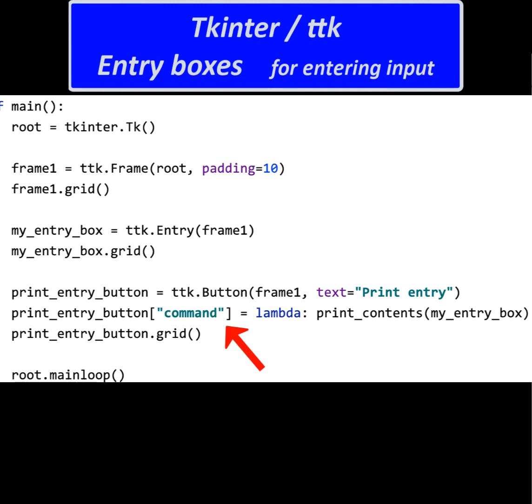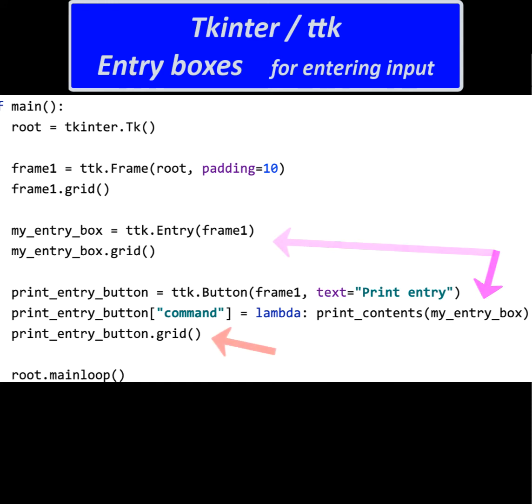The left-hand side says that what is to happen when the button is pressed is the right-hand side of line 38, namely, to run an anonymous function, a lambda expression, whose body is to call the function print contents defined below, sending it my entry box, that TTK entry that is defined above.